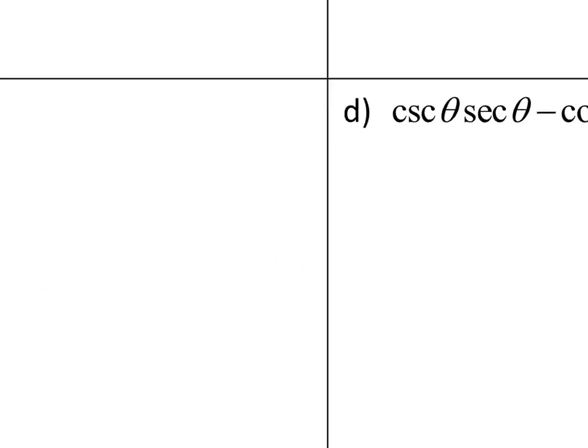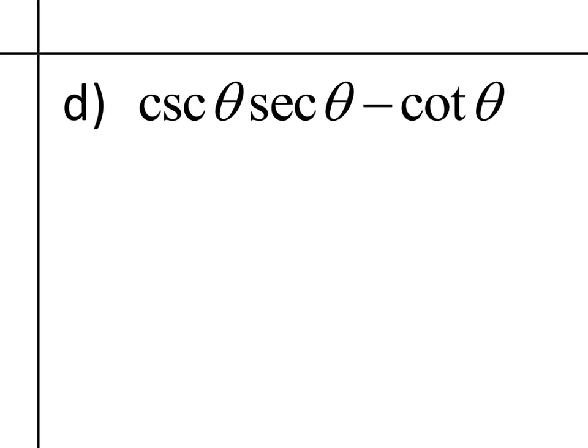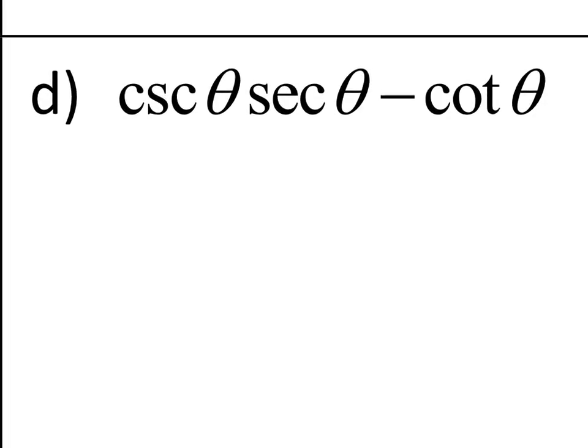So again, in letter D, we have a problem where there is no denominator, but I have clearly said that these problems in this section will have denominators that you need to change to common denominators. It also doesn't have any sines or cosines, and so if I start changing some things to sine and cosines, I'll have some denominators to play around with.